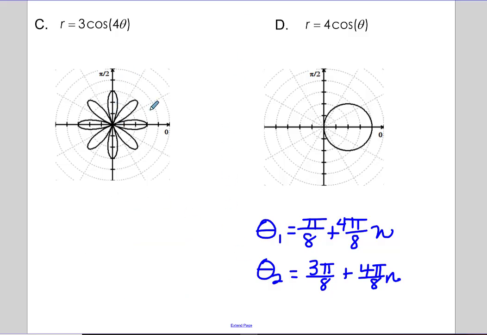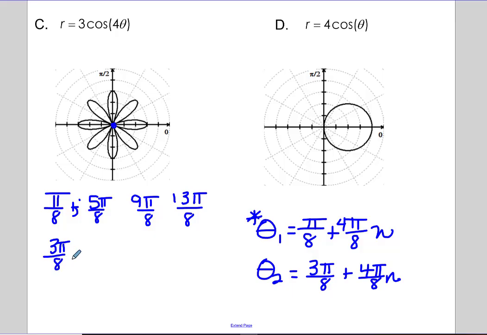And if there's 8 petals, we've got to get through at least 8 zeros plus 1 more to get us back to the pole on our graph. So working on this set of zeros, we got pi over 8 and 5 pi over 8. And then if we have a 2 for an n, that's 8 and 1, that's 9 pi over 8. And had a 3, we got 12 and 1, that's 13 pi over 8. So we got 4 zeros there. And this one, we got 3 8ths when n is 0.